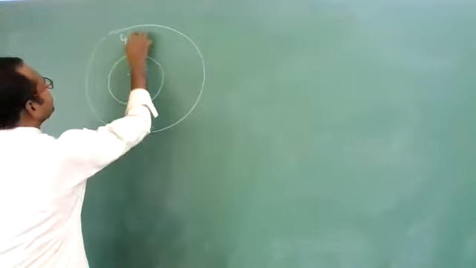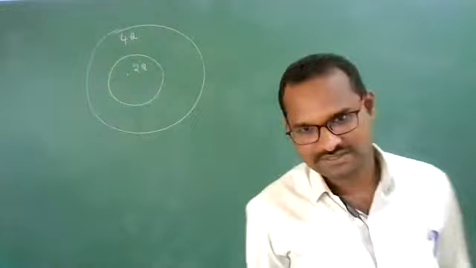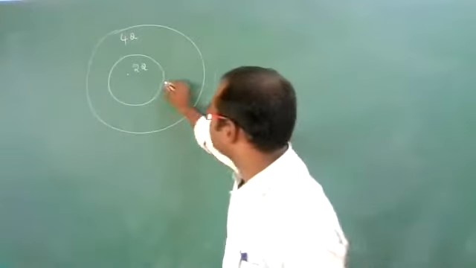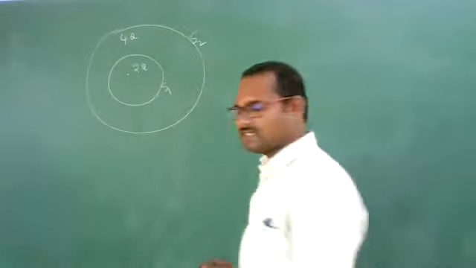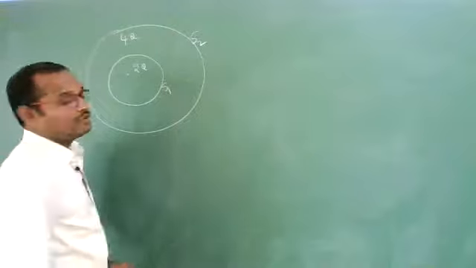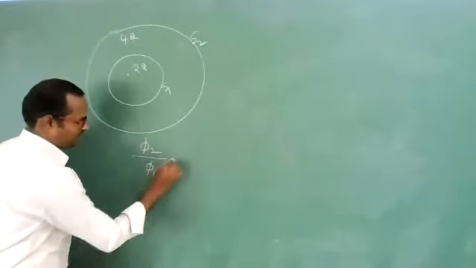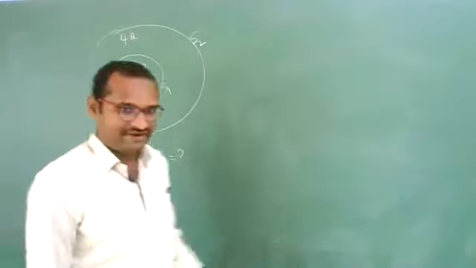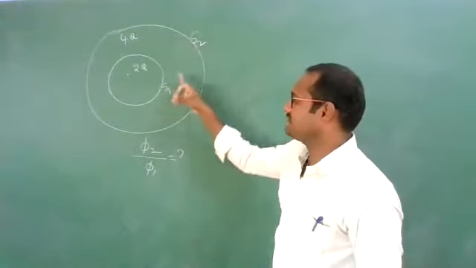Here 4q charge is present. Now this surface let us call S1, this surface let us call S2. They will ask you questions like this: find the ratio of flux through surface S2 and surface S1.